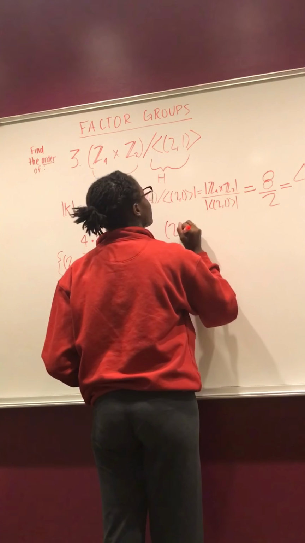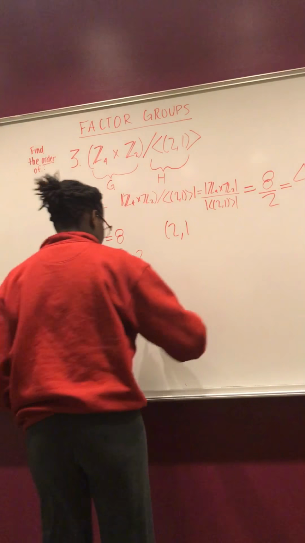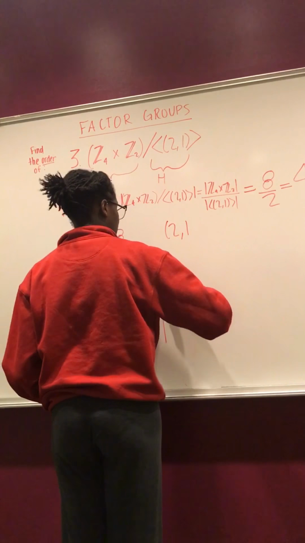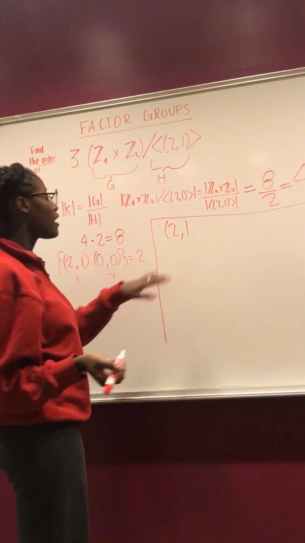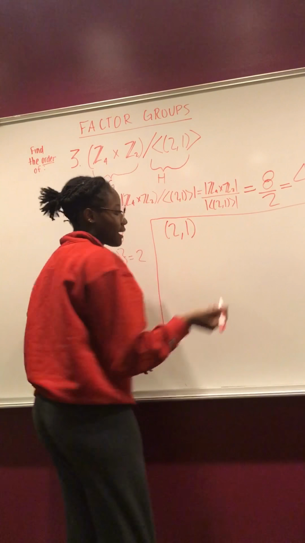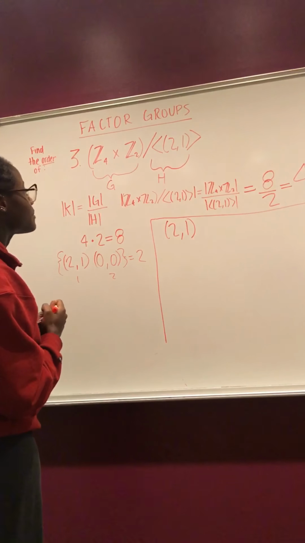which is 2, 1. Let me see if I can clean this up a little bit so it's easier to watch what I'm doing here. Okay, so we take our H. Like I said, this is kind of like the aha thing that we've seen throughout the semester.